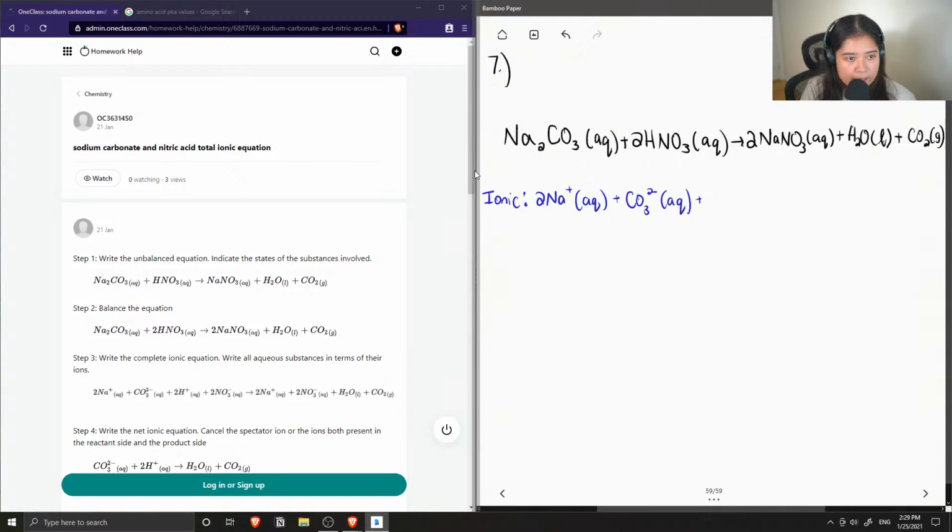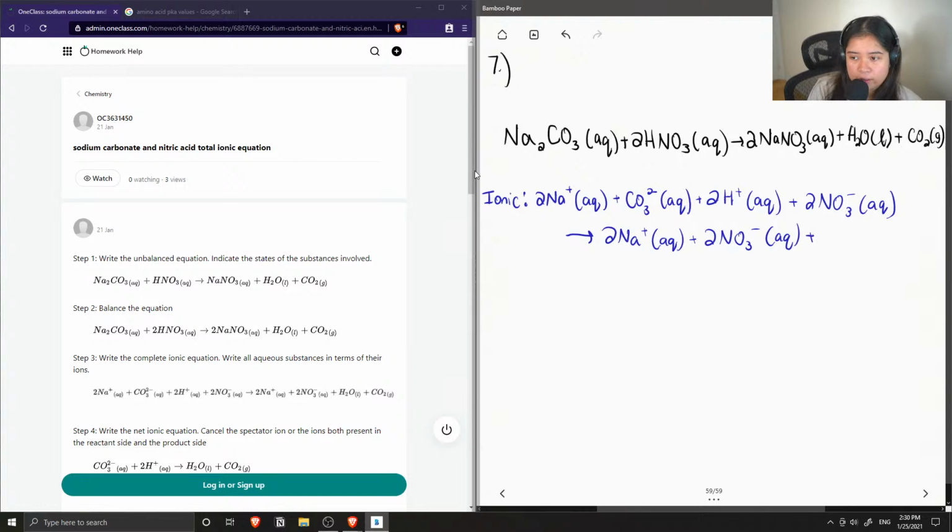And with nitric acid, we get 2 protons and 2 nitrate ions. And for our products, we get 2 sodium ions and 2 nitrate ions. And then our water and our carbon dioxide remain the same, since they aren't in their aqueous form.